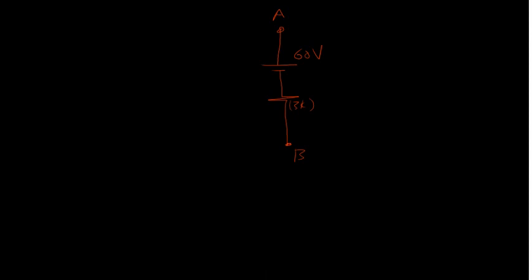Now, to find the potential difference in this branch, going this way, it's the difference between the voltage at A and B. So I am ending at B, starting from A. I need to calculate the total voltage in this branch.